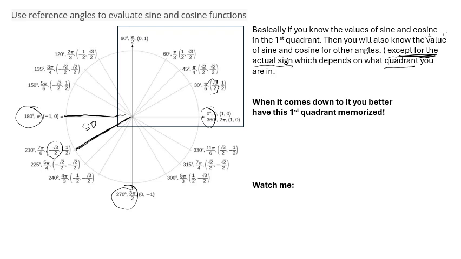If I look, sine of 30 degrees is 1/2. Well, sine of 210 degrees is minus 1/2 because, again, in the third quadrant, y is negative, and y is associated with the sine function.